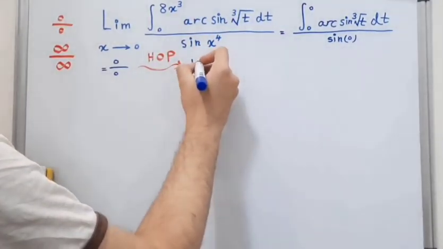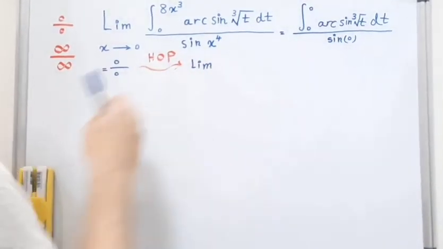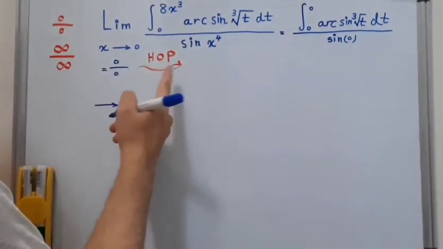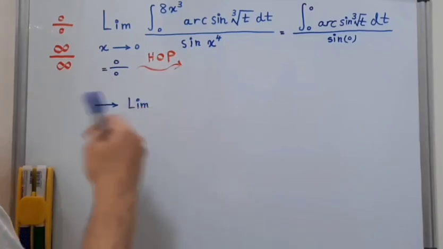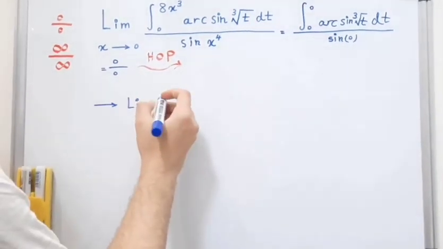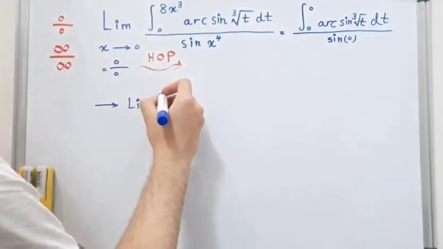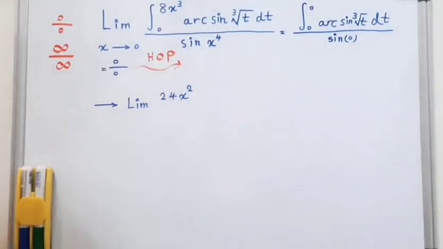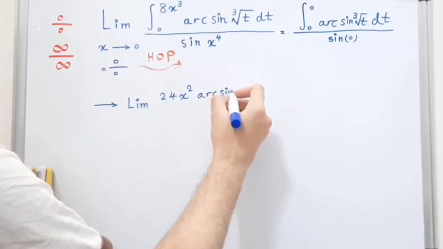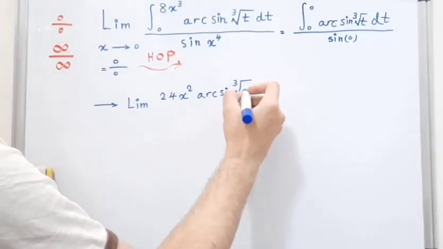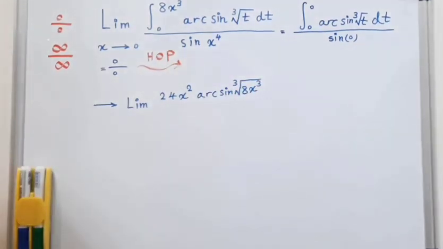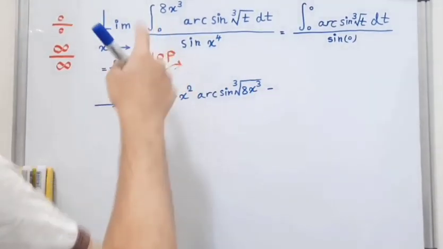The numerator will be the limit of this expression, and the L'Hopital of that will be 8 multiplied by 3 times 2 x to the power 2, and we put the value in the expression: inverse sine of 8 x to the power 3, minus this other term, which is 0.